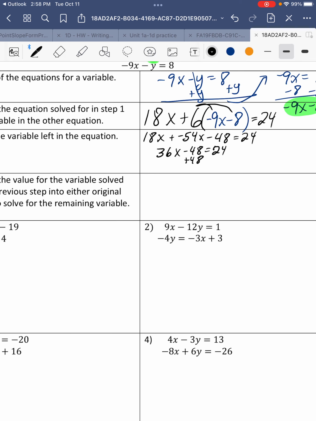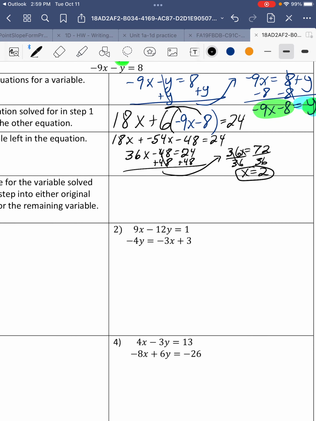Gather your like terms on opposite sides, using opposite operations. We're going to have negative 36x equals 72. Don't forget the x. 72 divided by negative 36. That works out nice. x is going to equal negative 2.